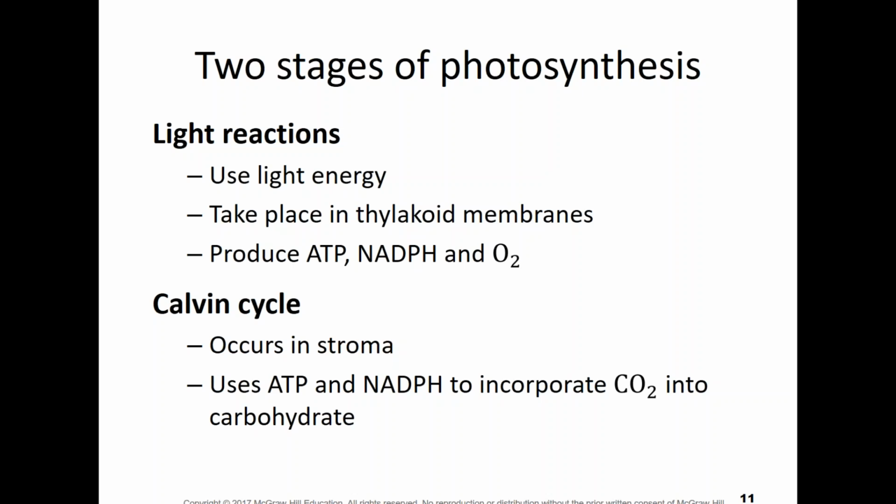So NADPH, and then oxygen is also produced. In this case, that sweet little grandma at the end of the electron transport chain, we're going to call her Nana P. And that's NADP. And she'll be the one accepting the electrons home.